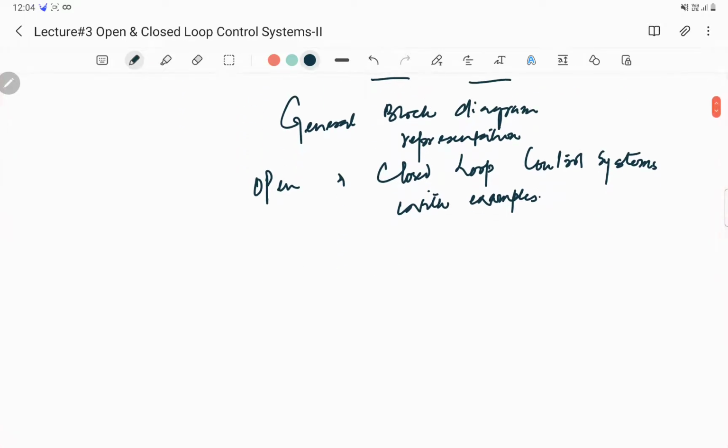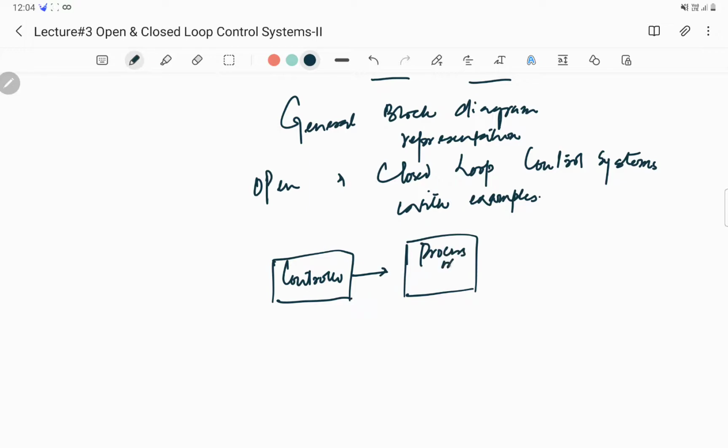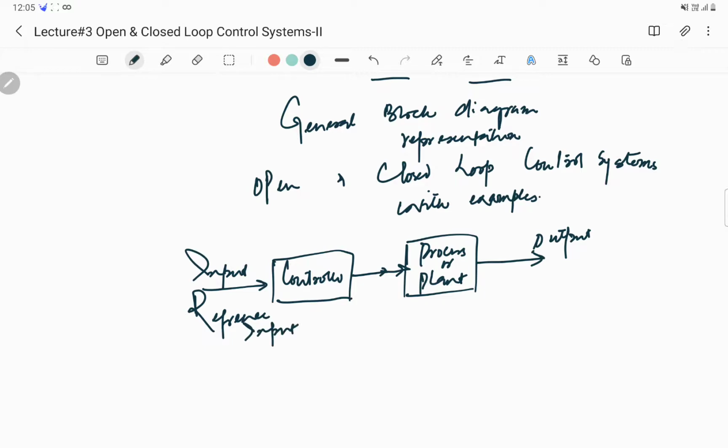Now, in the previous lecture, what I said was that an open loop control system can be represented as we have a controller, and then we have a process or plant, output, and an input, sometimes also called reference input or reference level.